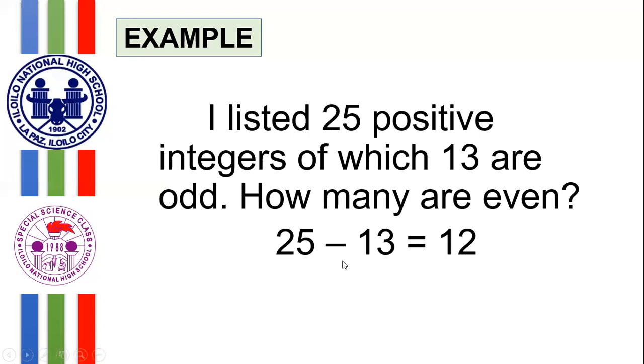Hence, there are 25 minus 13, or 12 even. So 13 odd, 12 are even out of these 25 positive integers. And you see, that's so simple. We all know that. That's good. Because this simple principle will be used to answer the succeeding letter C.